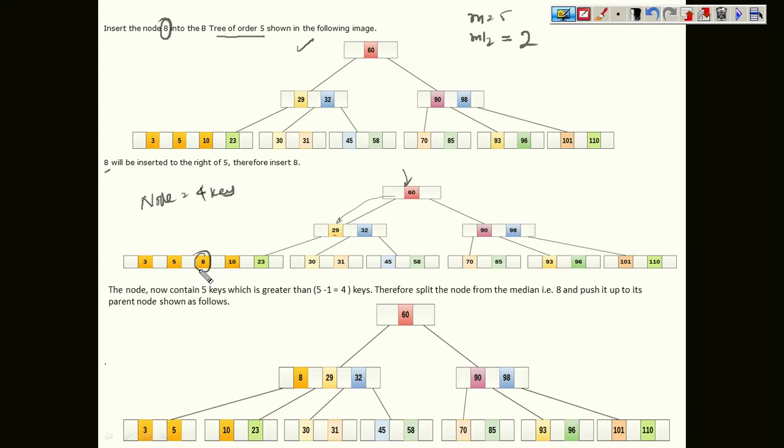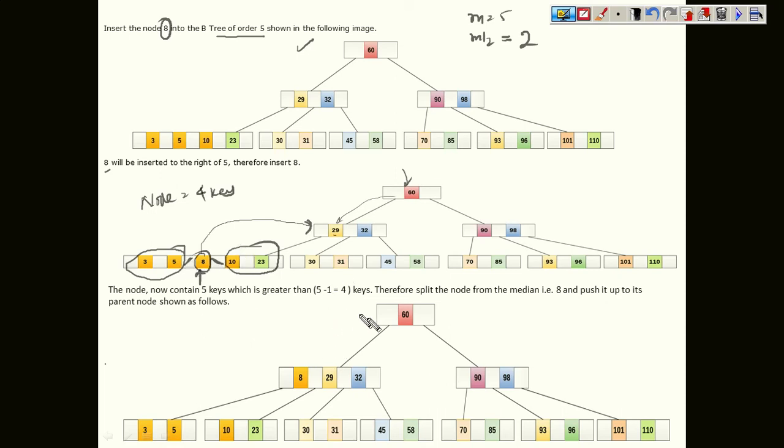That means it is violating the rule of B trees, so we have to split it. This is the median value, so we split into two parts. This becomes one part, this becomes the other part, and the median is moved to the parent. If it moves here, this is going to become the right child and this is going to become the left child.